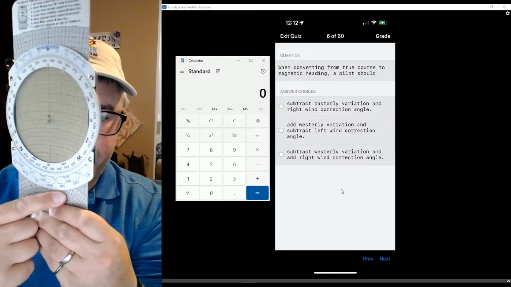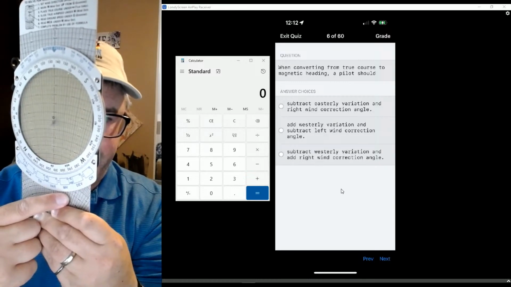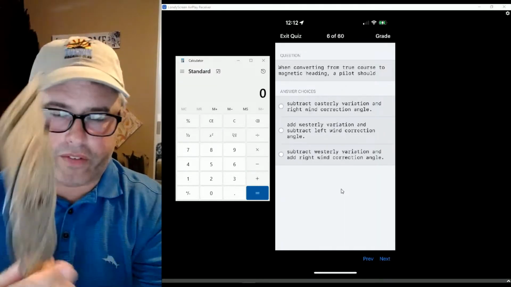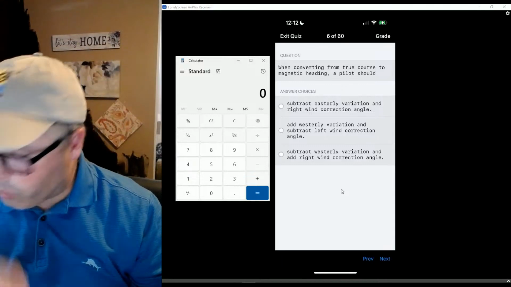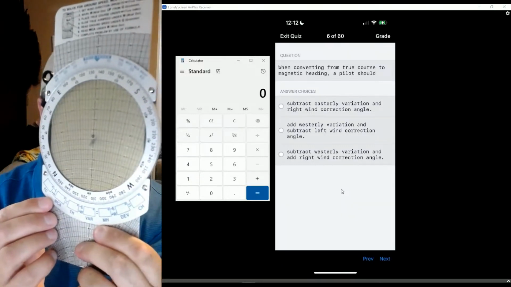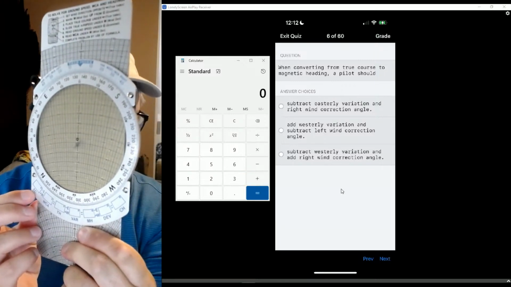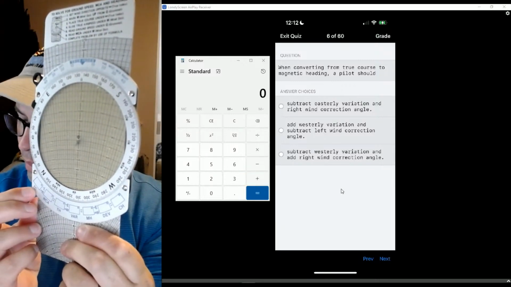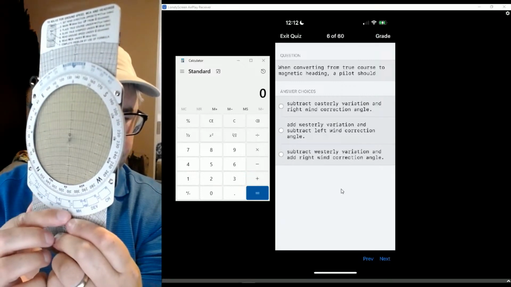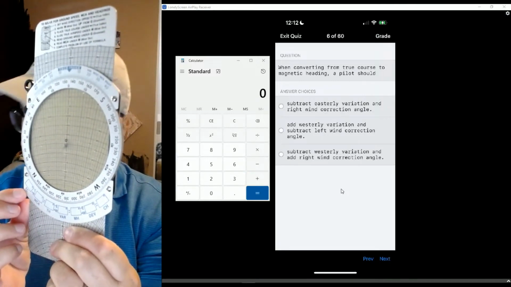Have it on your calculator, particularly, that's why I like E6B. I could just read it right off of here. So when I'm going from true course, TC, right here, to magnetic heading, all the way over here, what do I do? True course.